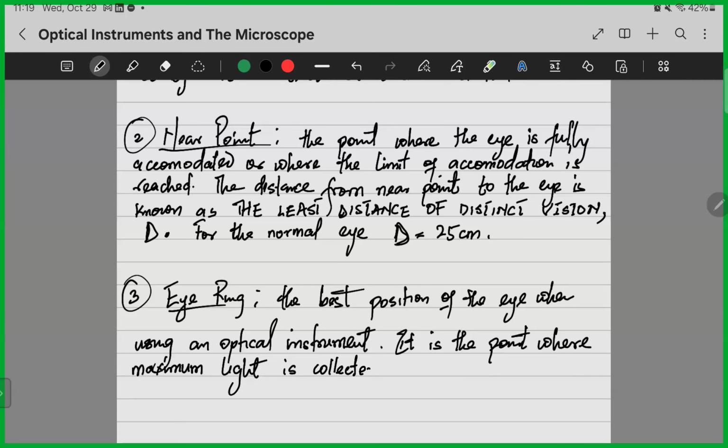Are you getting me now? Yes. Power and focal length are positive for convex or converging lenses and negative for concave or diverging lenses. Please take note of that.